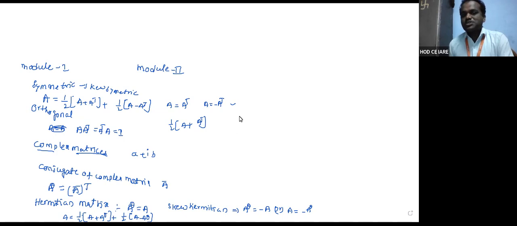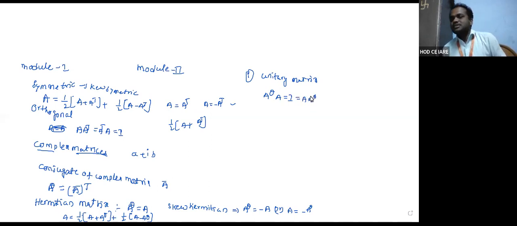Another topic to learn here is the unitary matrix. What is a unitary matrix? If a matrix satisfies A power of theta into A is equal to I, or A into A power of theta is equal to I, then this matrix is called a unitary matrix.